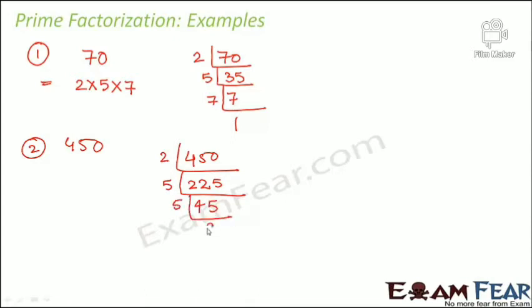Now this will again be divisible by 5, 5 9s are 45. Now this 9 will be divisible by 3, so 3 3s are 9, and 3 will be divisible by 3, 3 1s are 3. So what do we get? We get 2 into 5 into 5 into 3 into 3. So we say this is the prime factorization of 450.